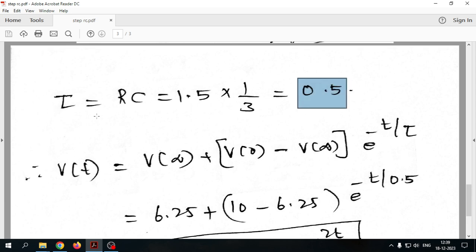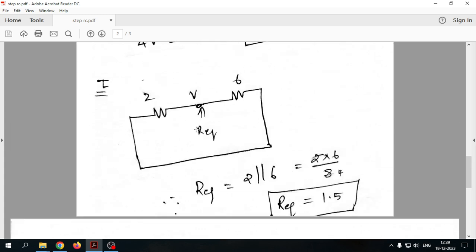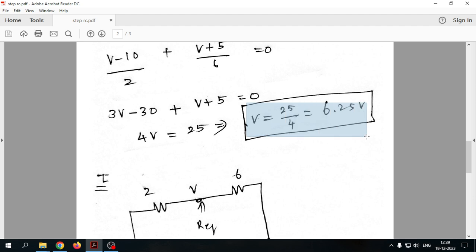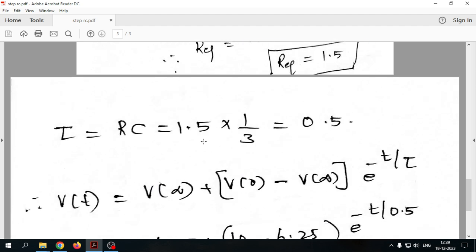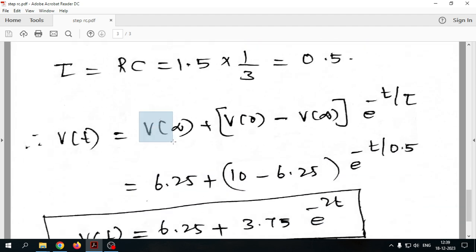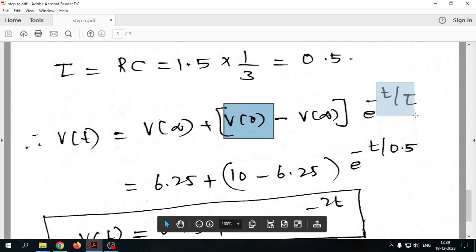Okay, and we want to take all these: tau value, initial voltage and final voltage, the final value V of infinity, all these things into the formula. So the final value was here, V of infinity, and V of 0 is the initial voltage, with this time constant.